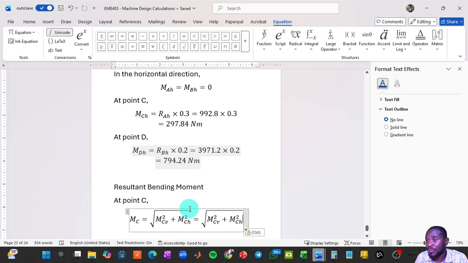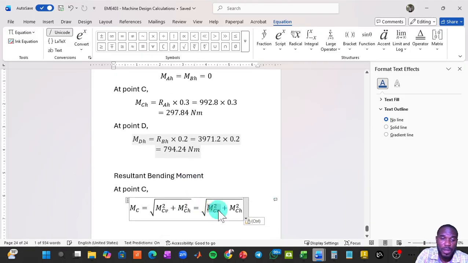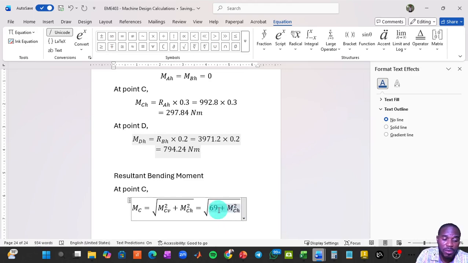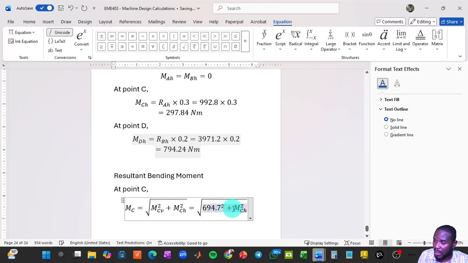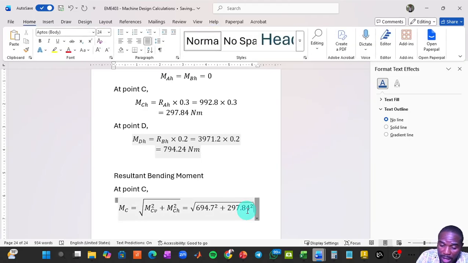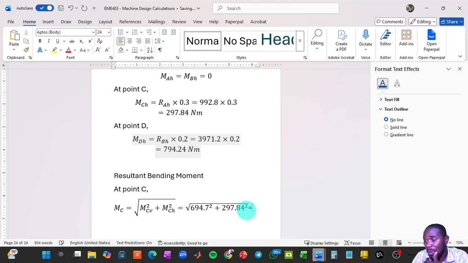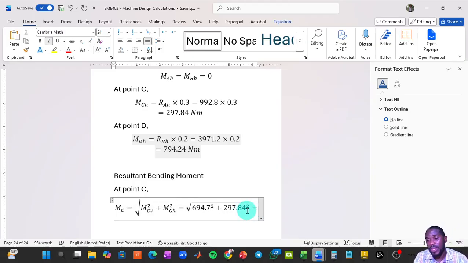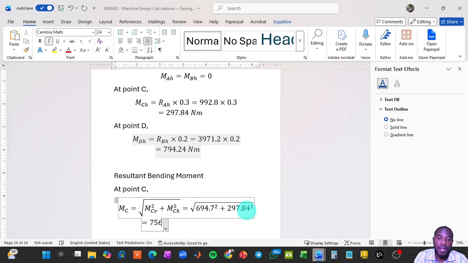So we square 694.7, and then add that to the square of 297.84. When you do that, you will find that the value of the bending moment at point C is approximately 756 Newton meters.